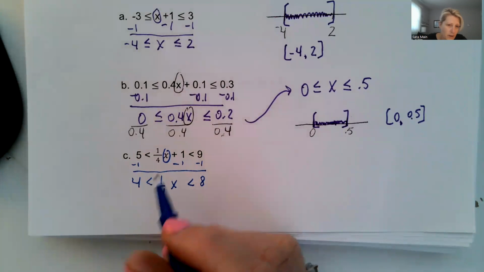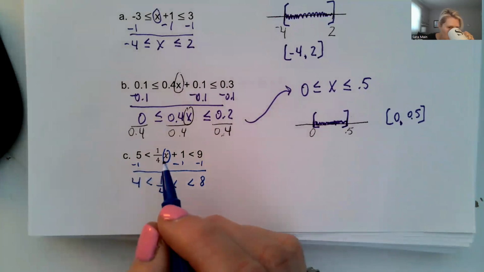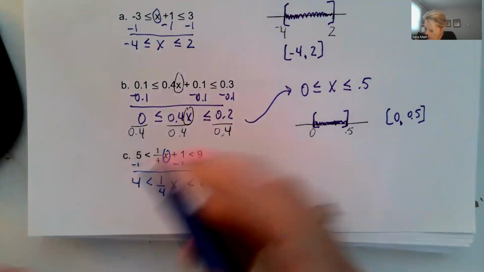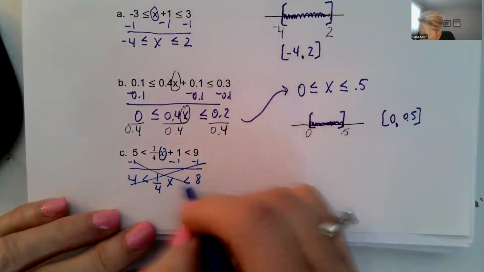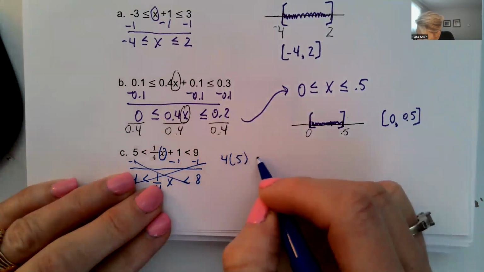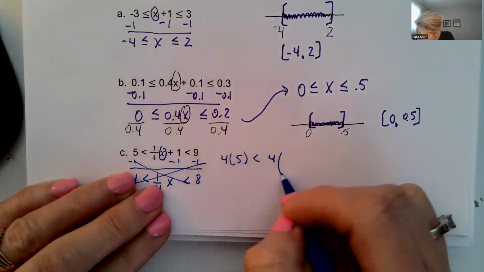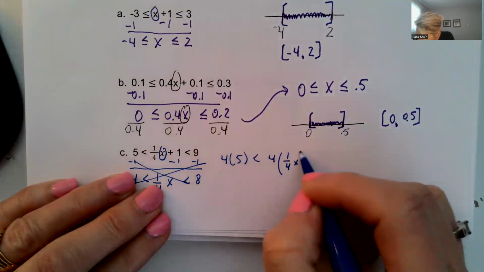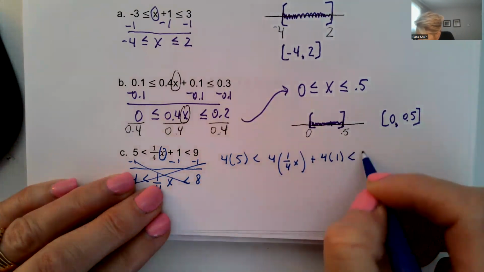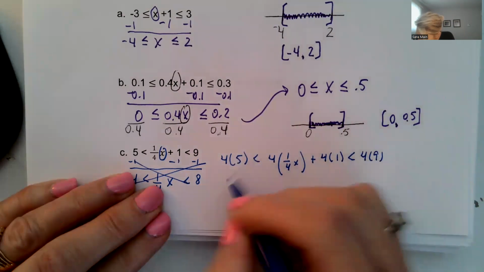And really, I should have multiplied through by 4, following what we've been doing earlier. So if we cancel this out and we multiply through by 4, it'll be 4 times 5 less than 4 times 1/4 X plus 4 times 1 less than 4 times 9.